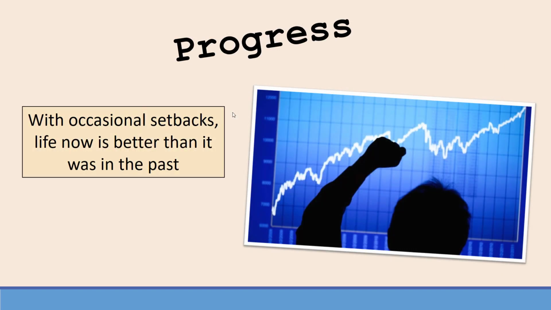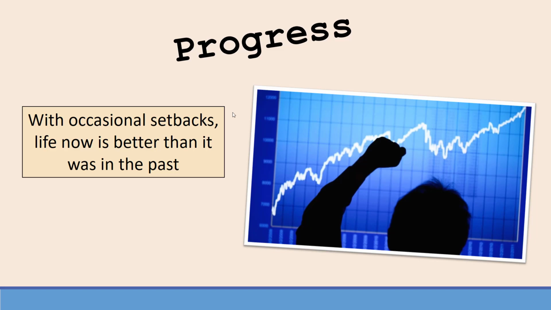Kind of getting ahead of myself. Progress. This is what the progress or progressivist position suggests. Do not get this confused with progressive position. I'll talk about the problems with the confusion with that term toward the end of this presentation.